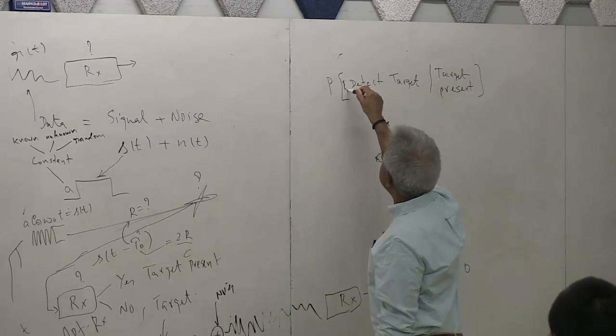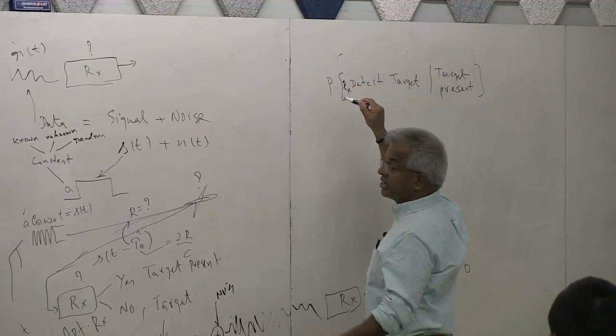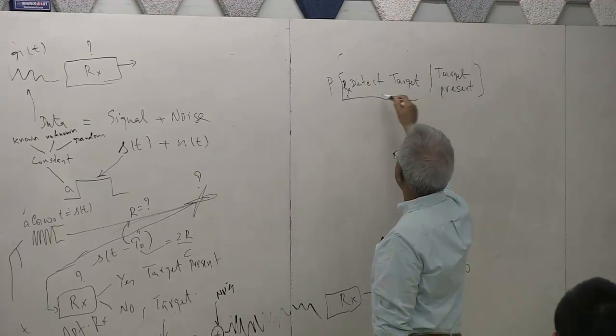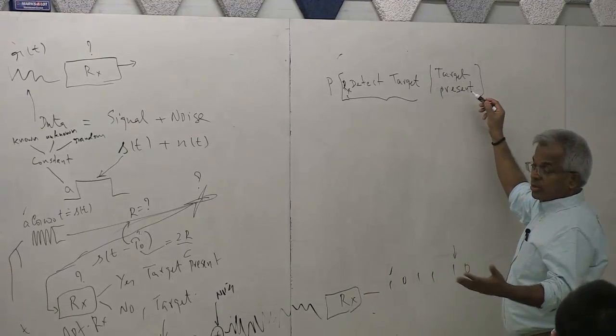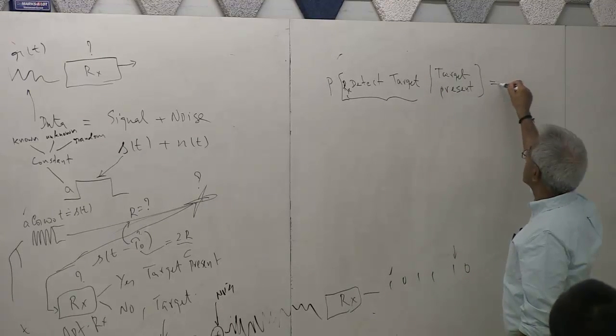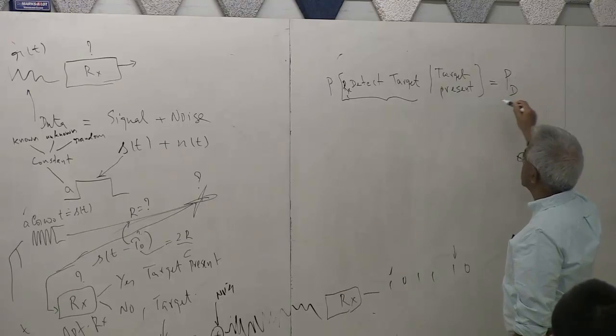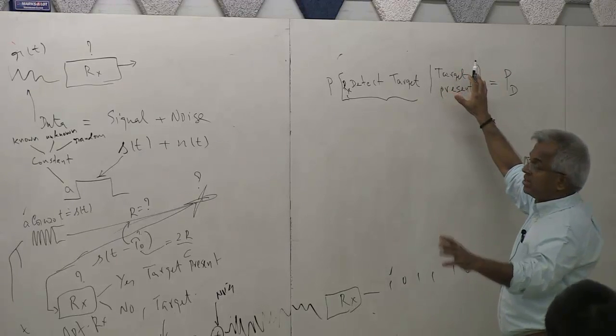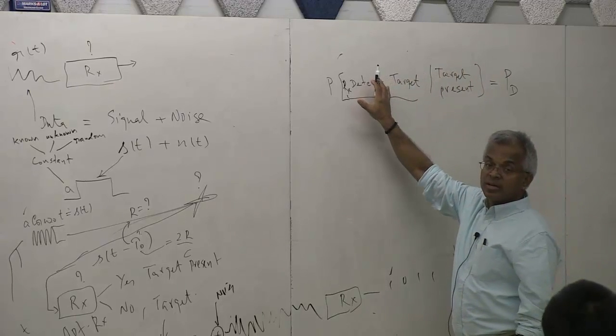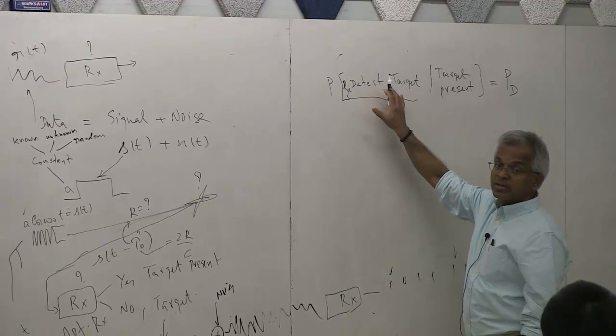The receiver detects, I'll give you better notation later. The receiver is detecting the target given that actually the target happens to be present. So this is the probability of detection, right? Actually you are doing the right thing. A target happens to be present in the data, and the receiver is indeed recovering it as one.